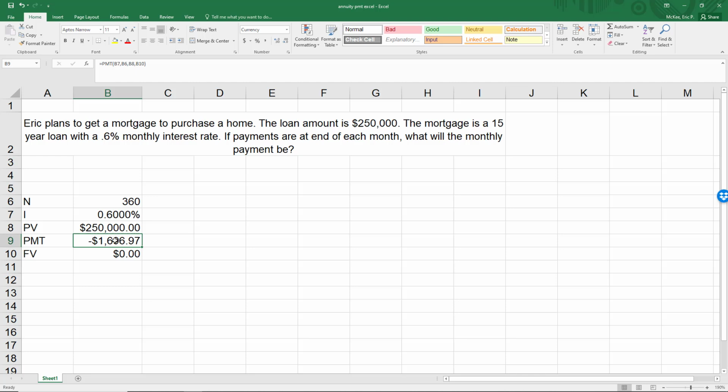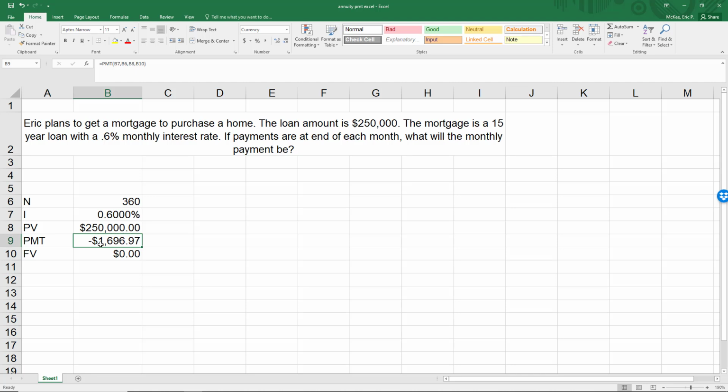Do be careful, though, that you're using the right interest rates. I mentioned this earlier in the video. I have monthly payments here. Make sure your interest rates match how frequent payments happen. So monthly payments means we need to have a monthly interest rate. A lot of times professors will give you the annual interest rate or some different interest rate, because we've already taught you how to convert interest rates, and we love building on previous material.